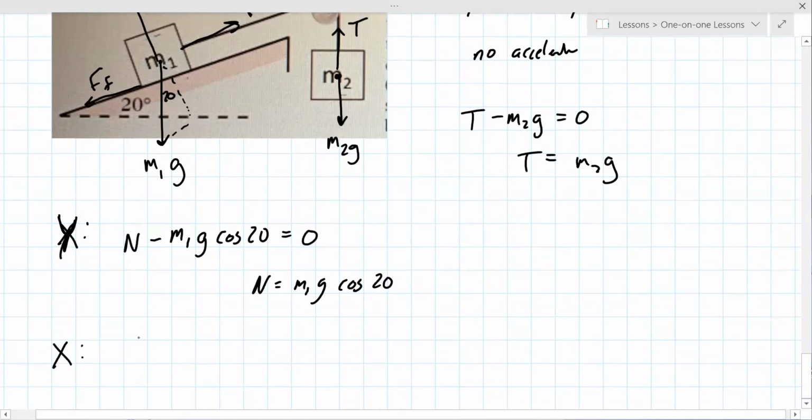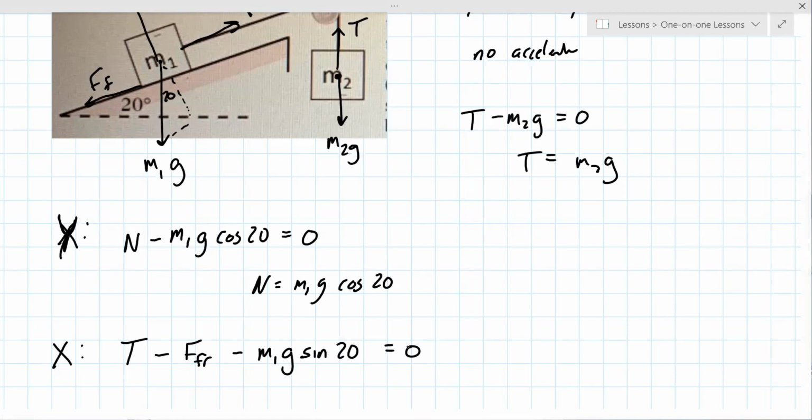We'll choose to the right to be positive again, just arbitrarily. So T minus the force of friction minus m1g sine 20 equals 0. So basically the same as before, except there's no acceleration.